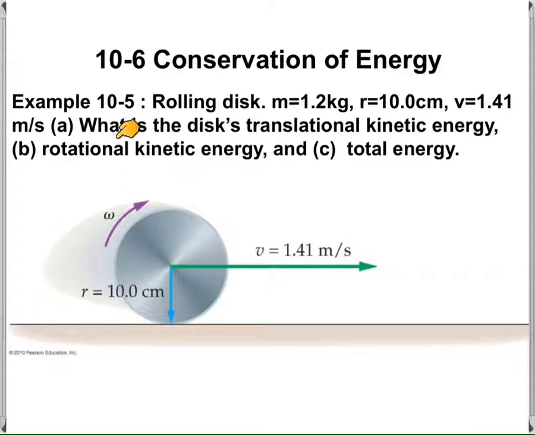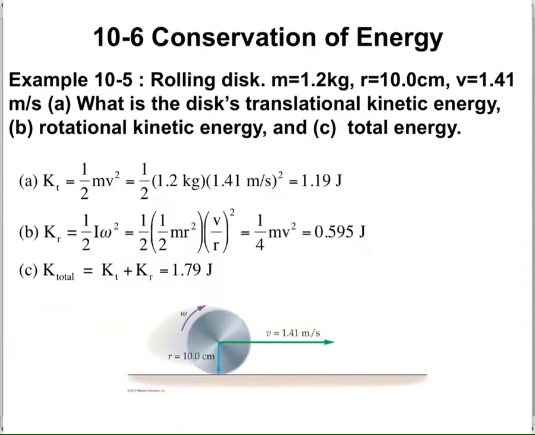The problem is, what is the translational kinetic energy of the disk? And you will find also the rotational kinetic energy of the disk when it's going. And at the end, you will find the total kinetic energy. Okay? So, mass is given, the radius of the disk is given, and the speed of the disk is given.